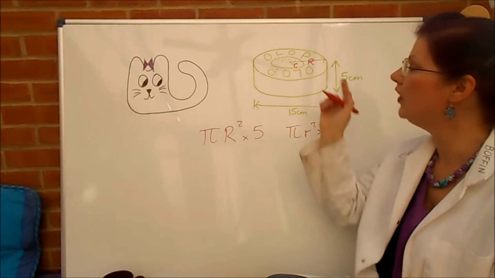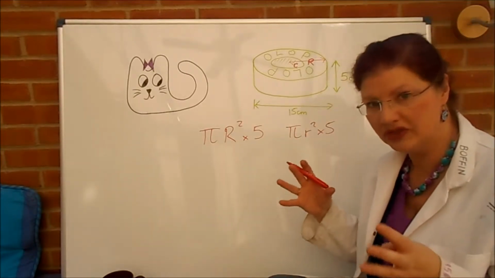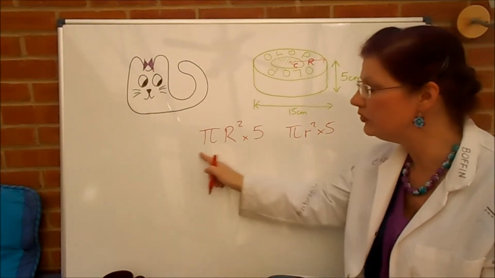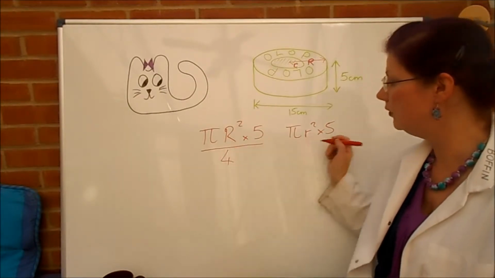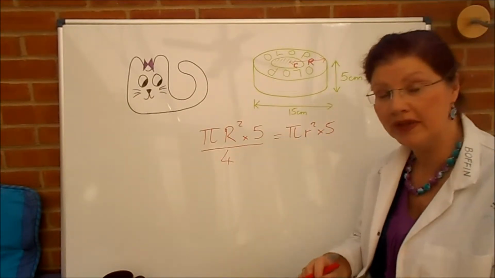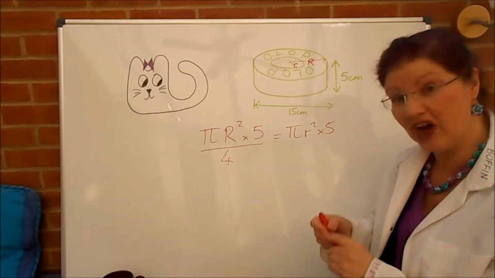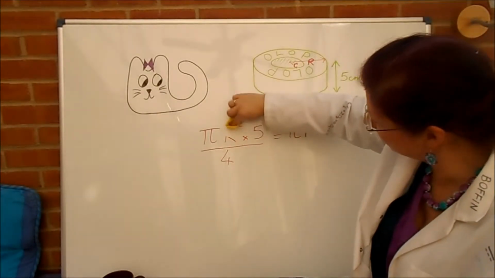And we're told that the hole in the middle was 25% of the whole cylinder originally, which means if you take the original cylinder and divide it by 4, you'll get the volume of the hole in the middle. Okay, so using all that, we can substitute in for R because we know what that is, we can find out the value of little r.